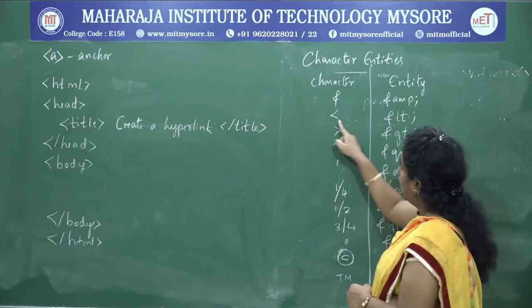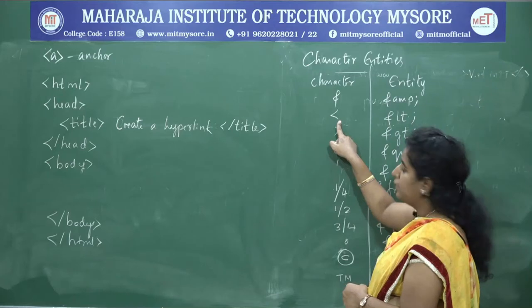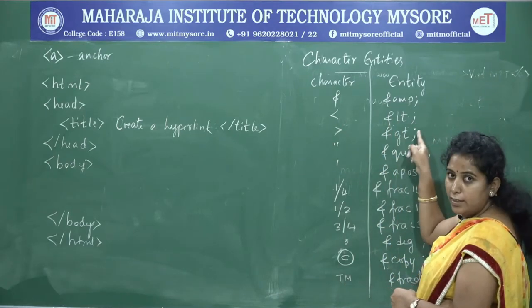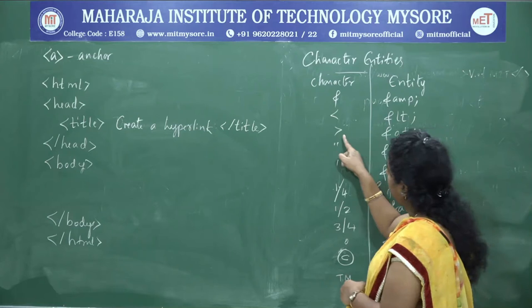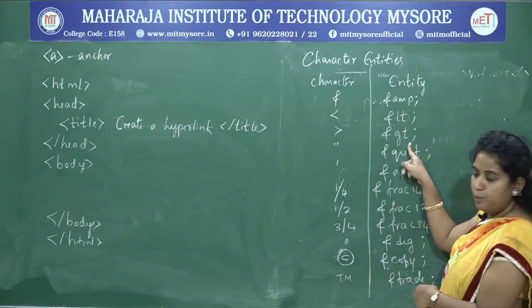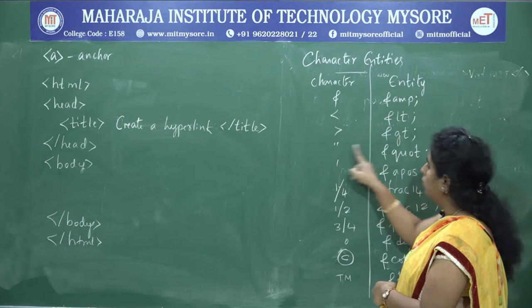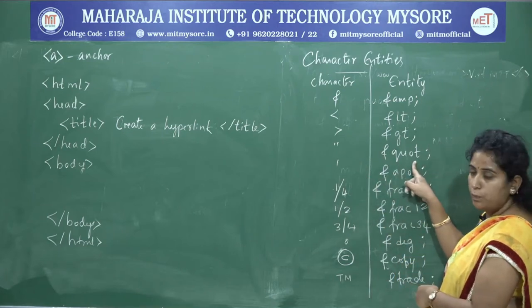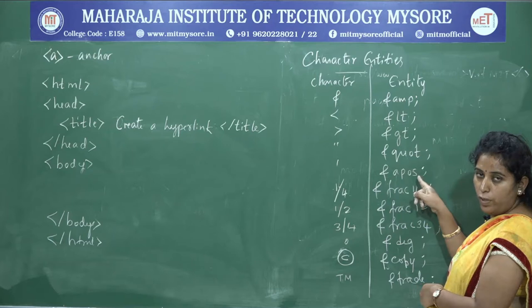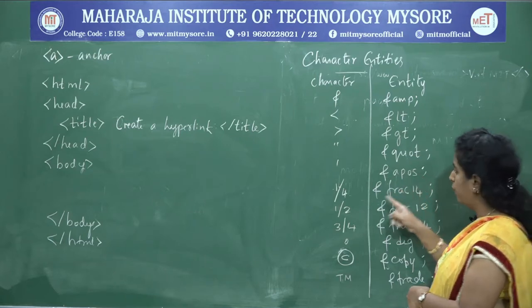Likewise, if I want the lesser than symbol, I need to provide ampersand LT followed by a semicolon. Like greater than symbol, ampersand GT. Then double quotes, ampersand quot. Single quotes, ampersand APOS, apostrophe.